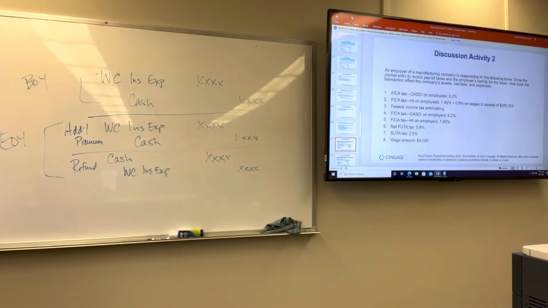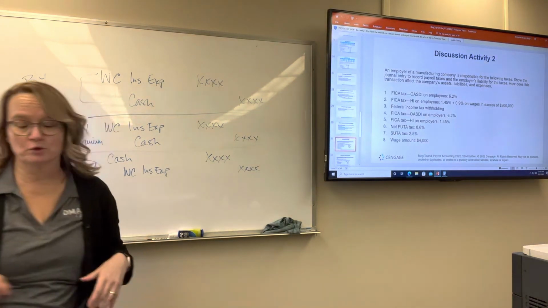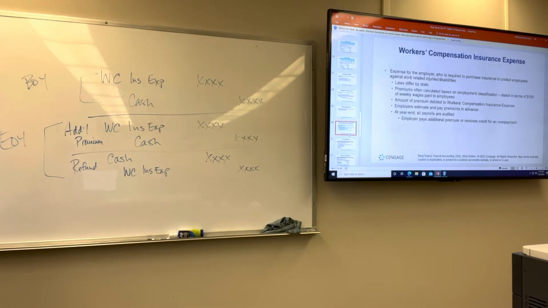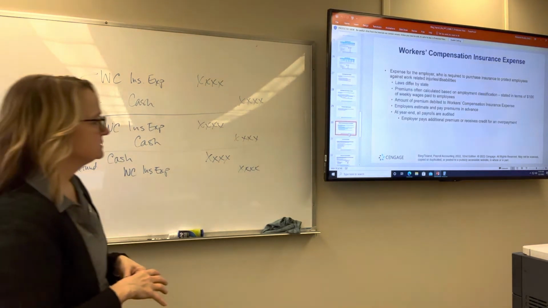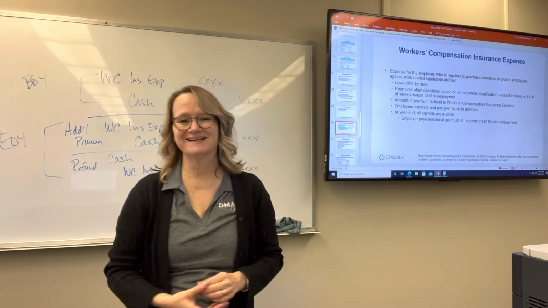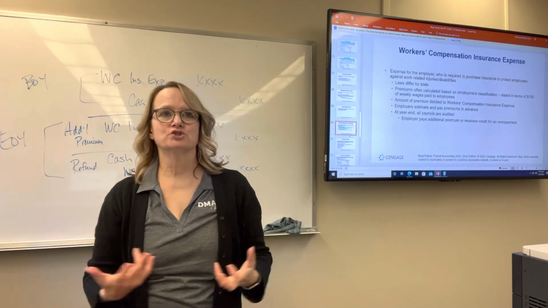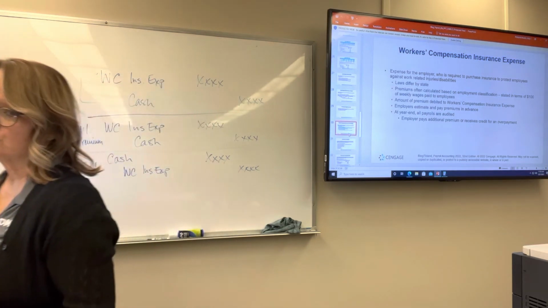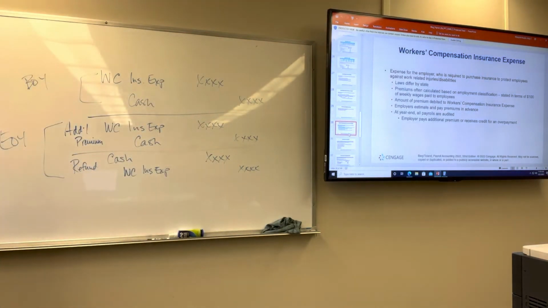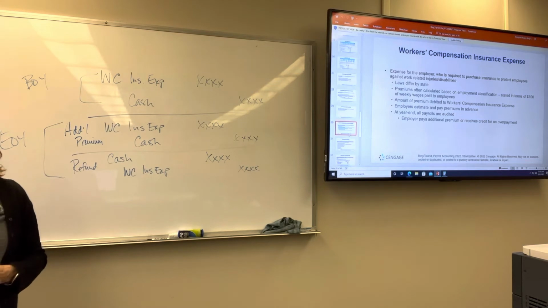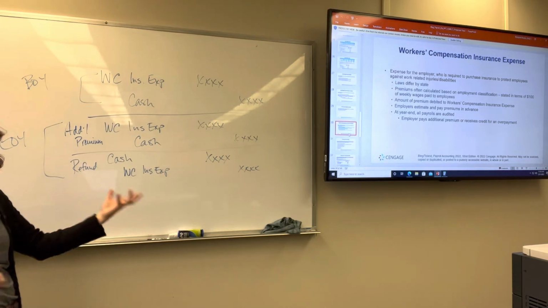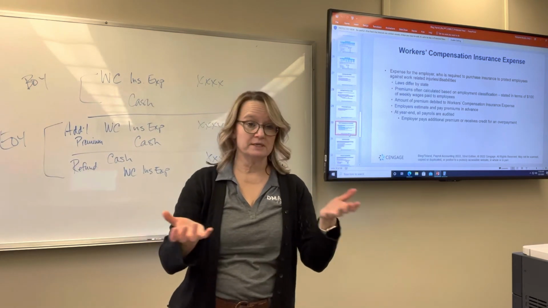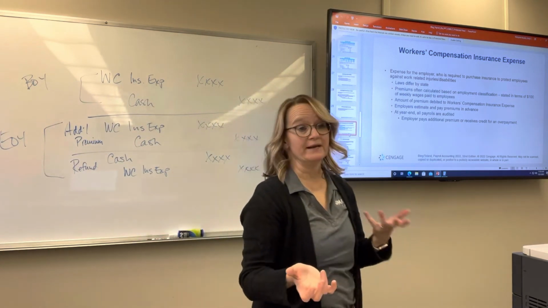It's really easy to confuse workers' compensation insurance and unemployment insurance. Unemployment insurance, again, pays for unemployment. It is insurance, but it's not through an insurance company. But workers' compensation insurance is actual insurance, and it is through an insurance company. So when employers go out and get workers' compensation insurance, the different insurance companies may offer different rates, right?